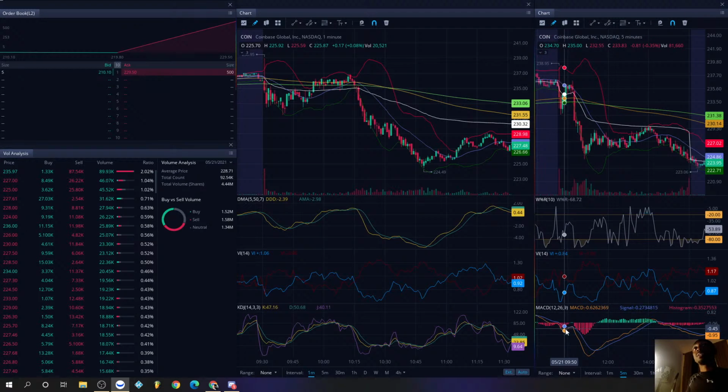This 5 minute trend on the MACD is really important. Get to know it. Get to studying the 5 minute trend on the MACD on different charts, and this will tell you a lot of what you need to know in tandem with a stochastic or something like this here that'll tell you bottoms and tops.